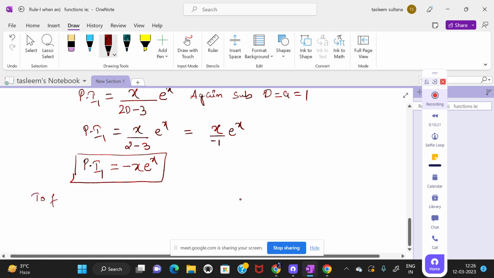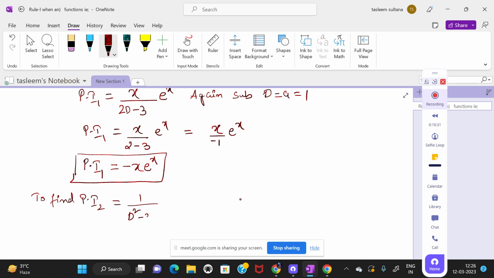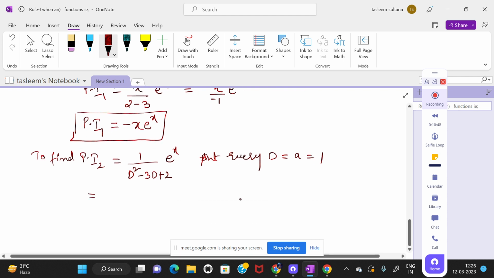In a similar way we'll find pi2, which equals 1 divided by (d square minus 3d plus 2) e to the power of x. Put every d equal to a = 1, so 1 divided by 1 minus, no, minus x, with the positive.